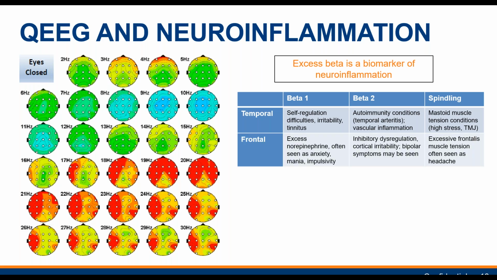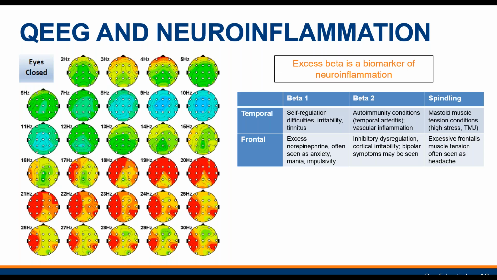In the frontal lobe, right, the frontal lobe is responsible for different types of functions. So when you see an excess in beta 1 in the frontal lobe, that can be related to an excess of norepinephrine. Usually that clinically manifests as anxiety, mania, or impulsivity. So now we're getting a little bit more into mood dysregulation.